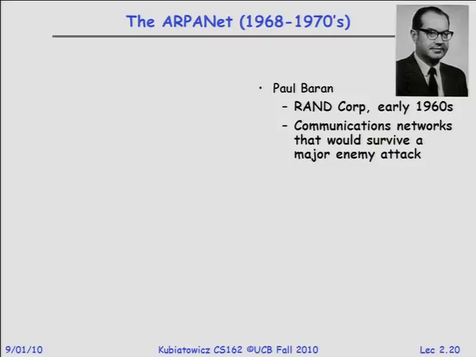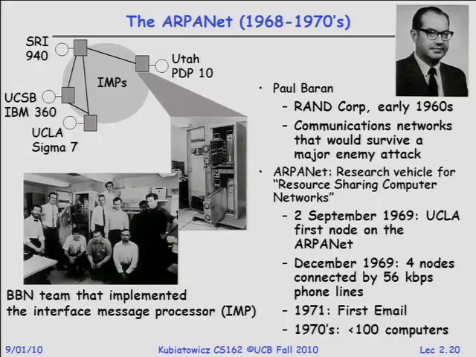Well, amusingly enough, other folks were also doing that. So the BBN team was also thinking about this, and they essentially came up with what was called the ARPANET, which was a research network set up for sending packets around. It sort of started in about 1969 with the first node at UCLA.